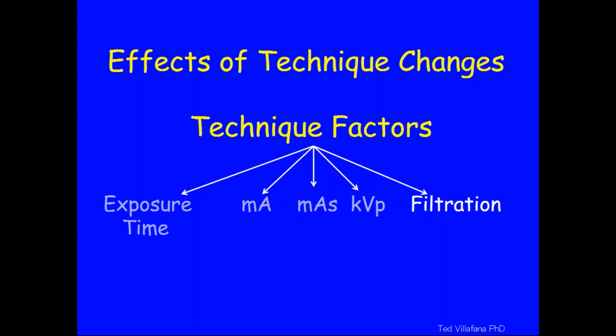That one is done unbeknownst to you: the machine decides to put in extra or less filtration. Remember in mammography where we talked about matching the filters to the target material, and that you had a little filter wheel that rotated to bring to bear the appropriate filter, whether it was molybdenum or rhodium or whatever. Okay, let's talk about filtration.